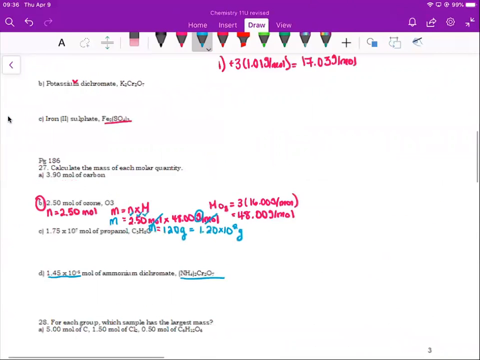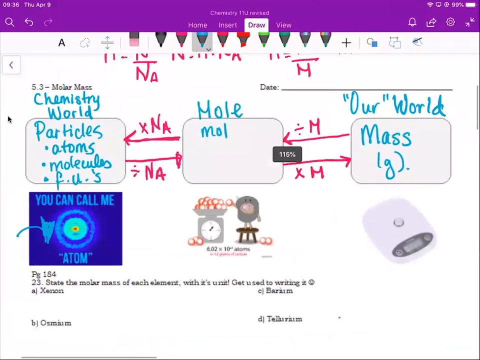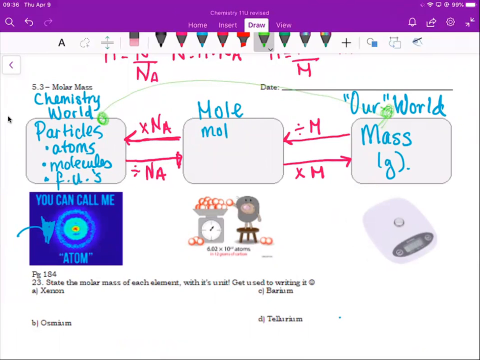If you start here and you have to end here, you can't just do one step, go from number of things to mass. No, that would be too easy, unfortunately.